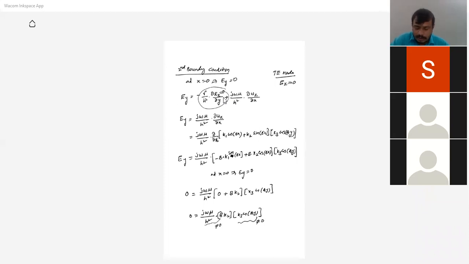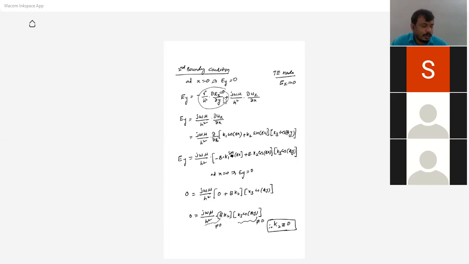So from this we can write that k2 is equal to 0. From the second boundary condition we came to know that k2 is equal to 0. From the first boundary condition, k4 is 0.